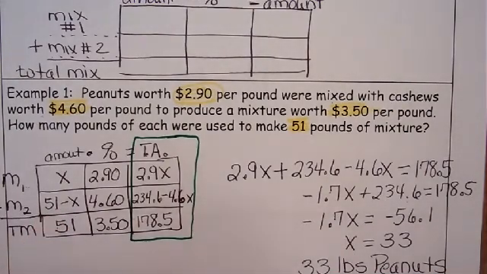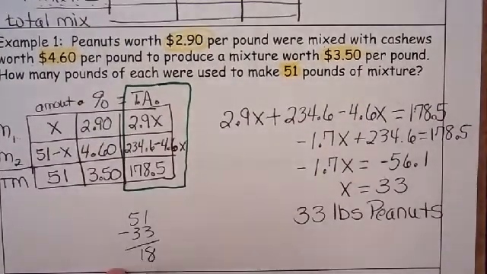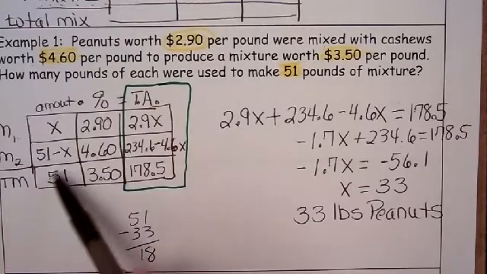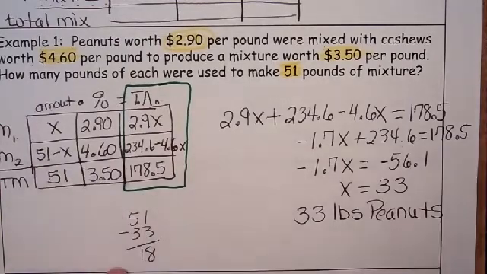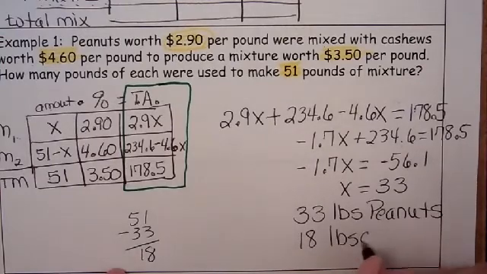Well, the pounds of cashews, I can just scribble right here, is 51 minus 33, which is 18. So down here you can see that all I did was just subtract them. 51 total minus 33. That's going to give me 18 pounds of cashews.